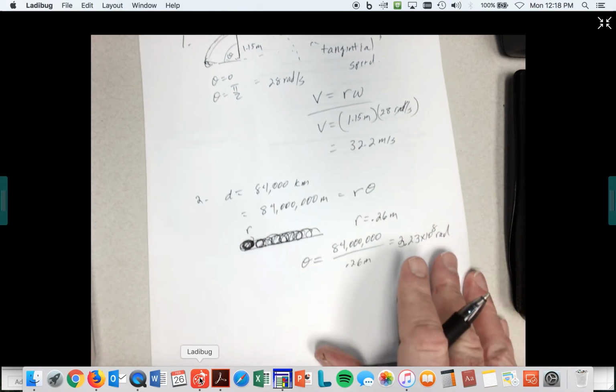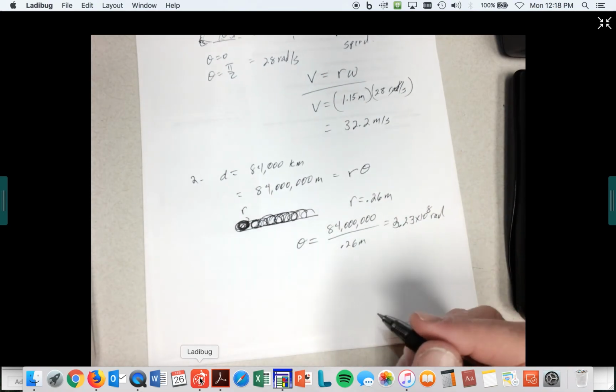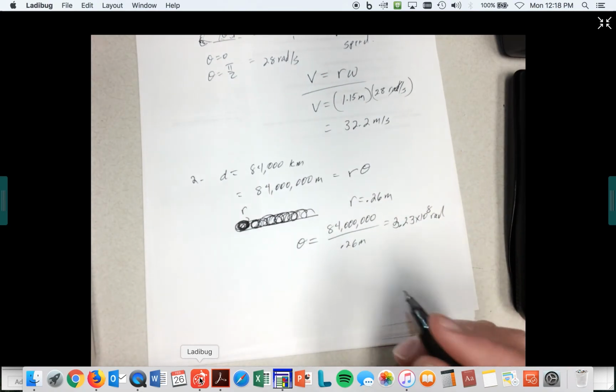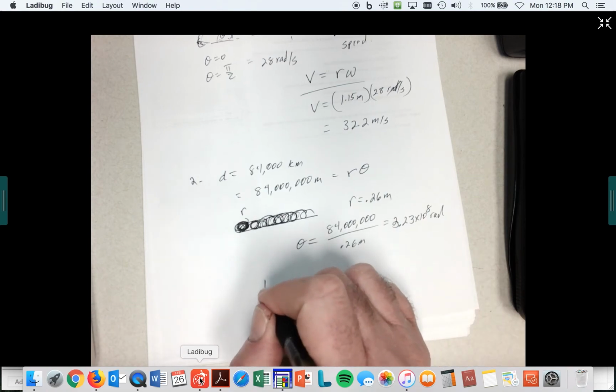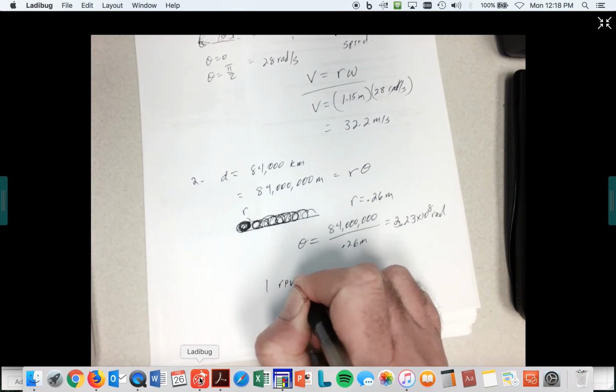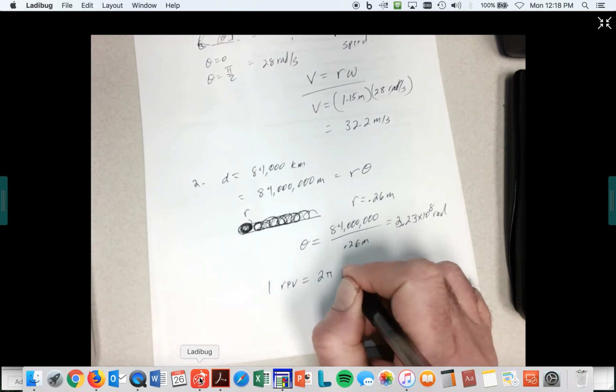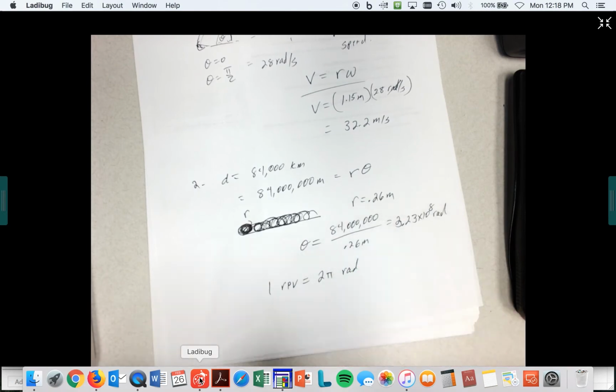How many radians are in one revolution? One revolution is equal to 2 pi radians.